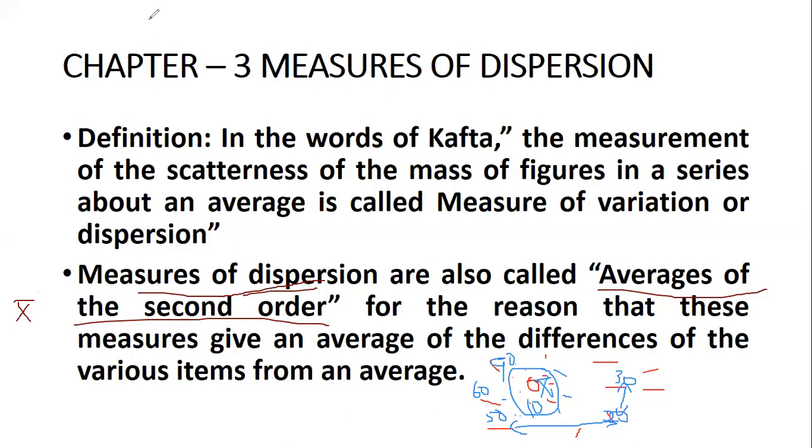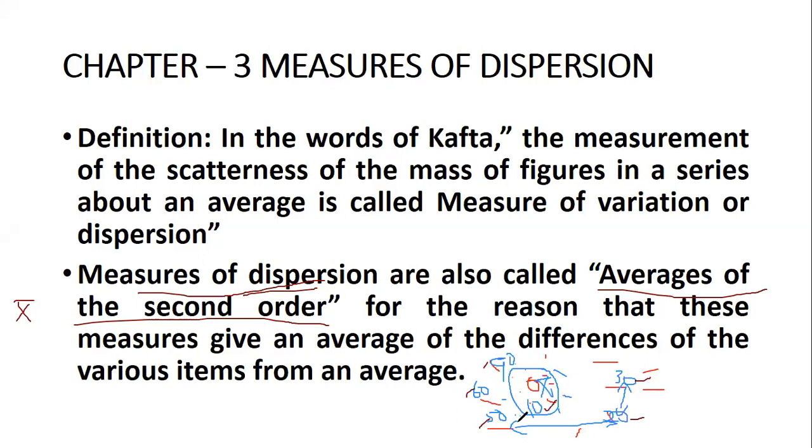Now once again, let's see the definition of measures of dispersion. It is the measurement of scatterness. We are going to calculate how scattered, or how far, these numbers are from the mean. If you see numbers like 30, 20, 50, 60, 90, how far are these numbers from 10, which is the mean?